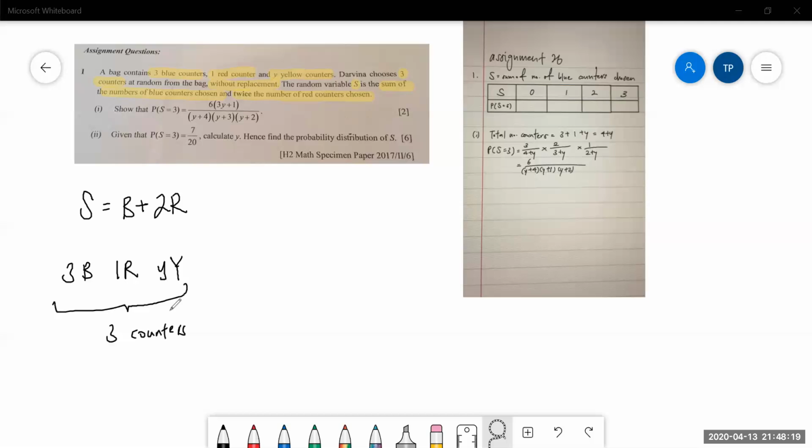Now they say show that P(S = 3) equals this. So we want to find the probability of S equals 3.